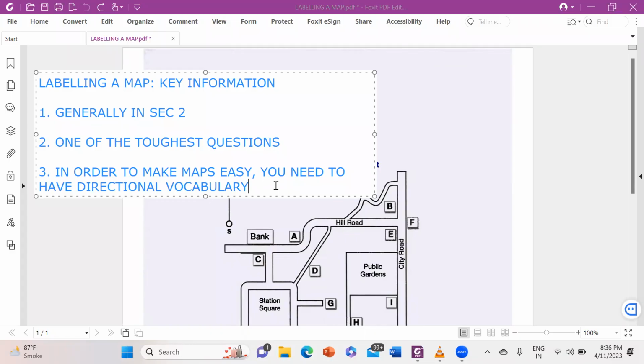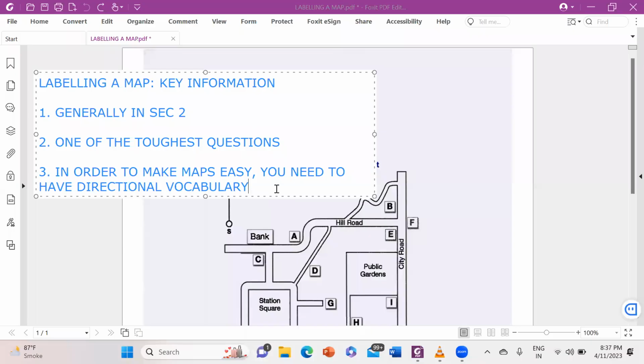But yes, if you do not have directional vocabulary, you're not going to make it in labeling a map. No matter how much you practice, no matter how many labeling a map questions you do from Cambridge books, you will never improve. Your scores will remain the same. So you need to have directional language. You need to have directional vocabulary if you really want to master the labeling a map question.